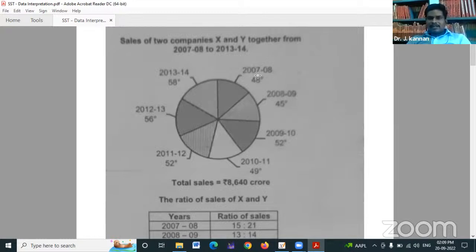So here 7 to 8 is 48 degrees, 8 to 9 is 45 degrees, 9 to 10 is 52 degrees. Actually the sum of all the degrees is 360. So using pie values of 360 degrees, whatever may be the graphical representation of any data given in the system, by graph.